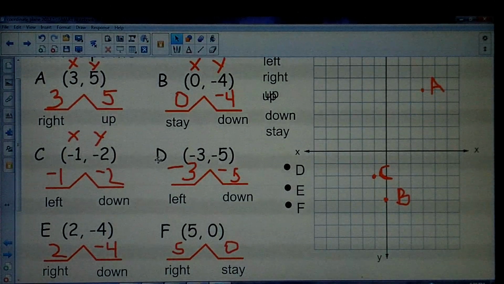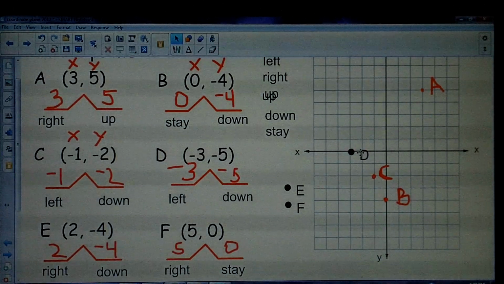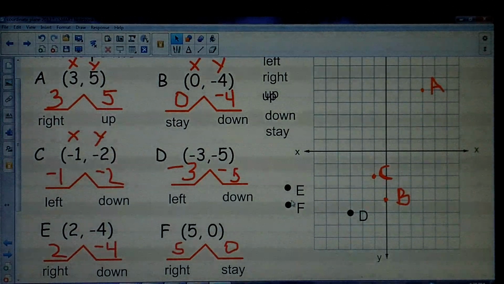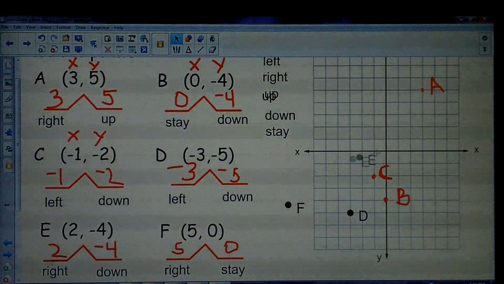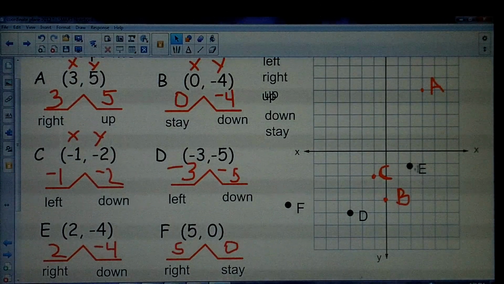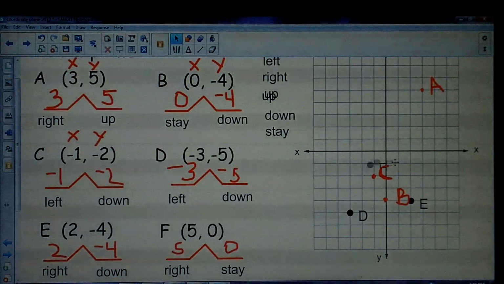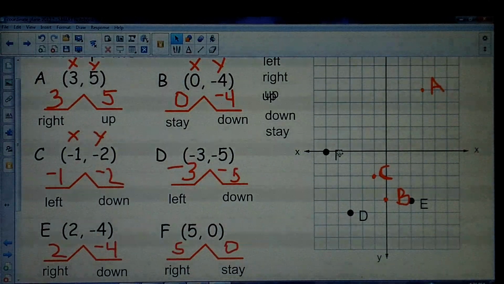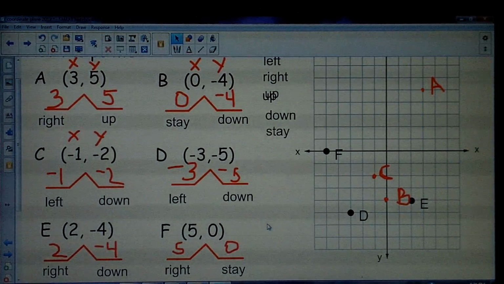Let's check our answers. So for D, it says left 3, 1, 2, 3, down 5, 1, 2, 3, 4, 5. Check your answer, please. Letter E says to go right 2, starting in the origin, 1, 2, down 4, 1, 2, 3, 4. And letter F says to go right 5, 3, 4, 5, and then to stay. So he stays right on the x-axis. Please make any corrections.